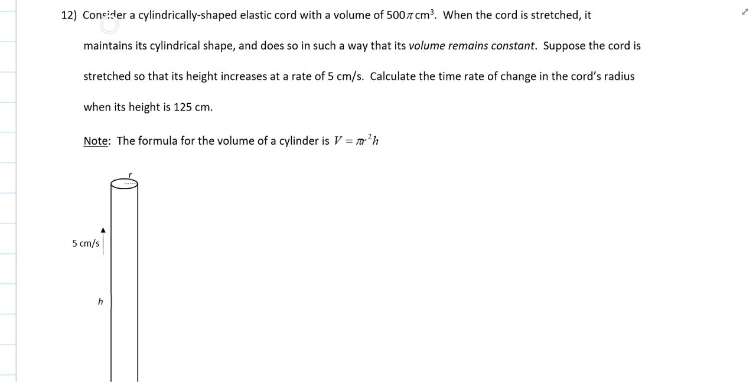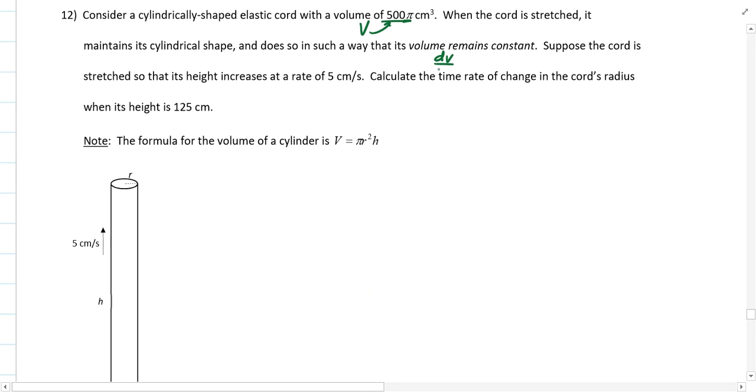In this next problem, we encounter an interesting phenomenon. We've got a cylindrically shaped elastic cord that has a particular volume of 500 pi cubic centimeters. So V is equal to 500 pi. When the cord is stretched, it maintains its cylindrical shape in such a way that the volume remains constant.